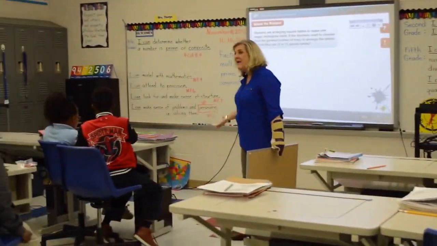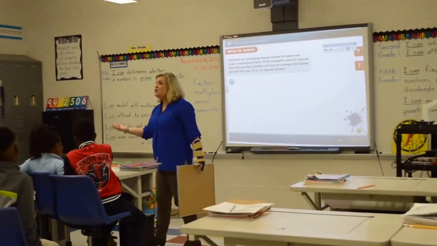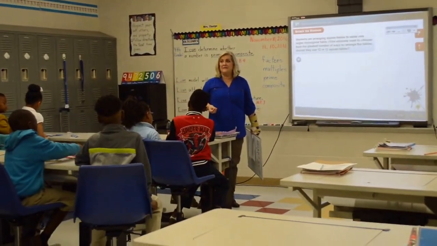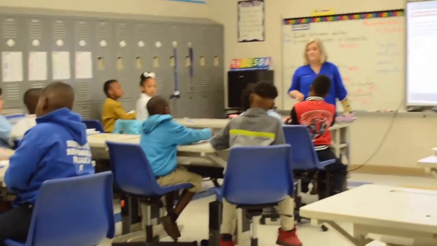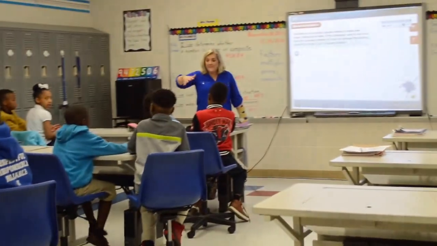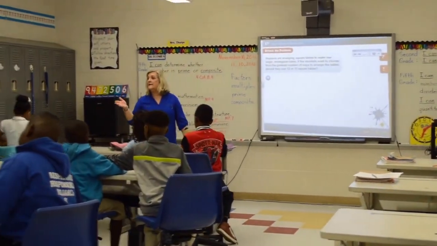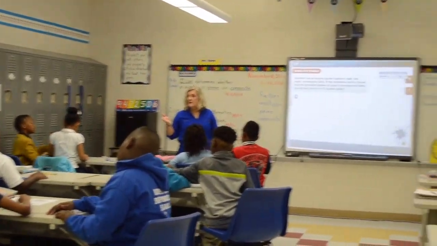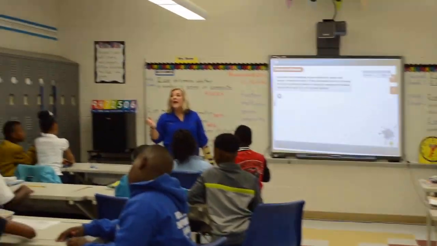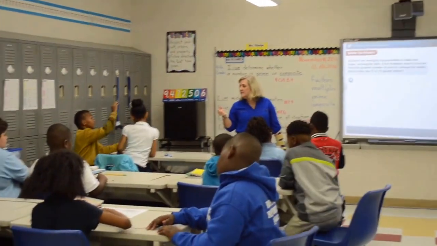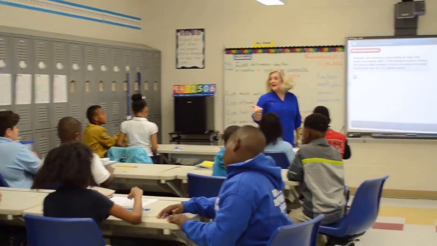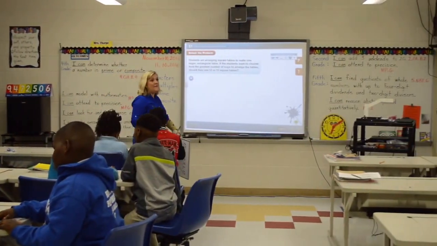If you try any other way, what happens? You would only get 12. What would happen on your little rectangle, Prince? It would have one sticking out. Yeah, and we can't have that for factors, can we? We can't have one sticking out.